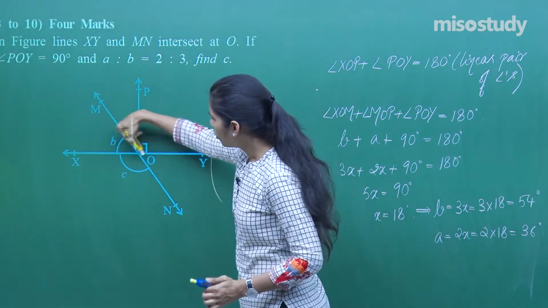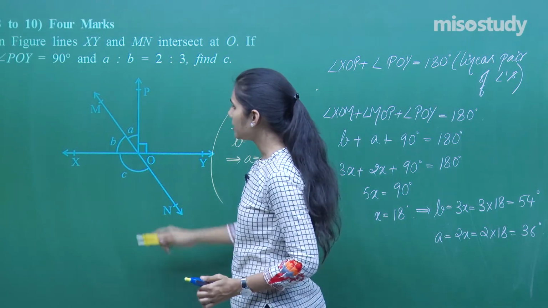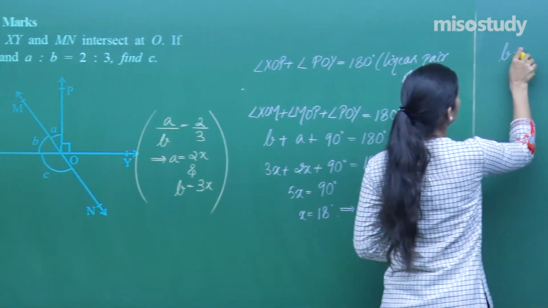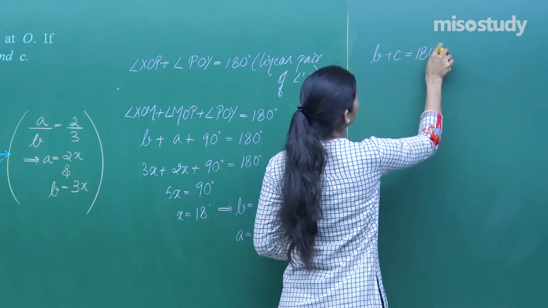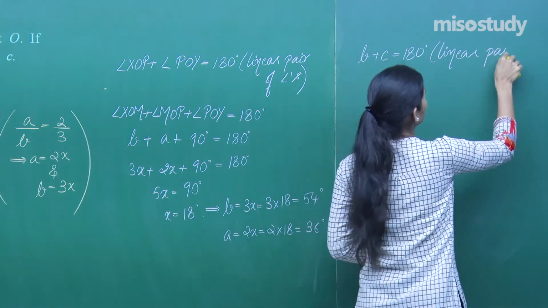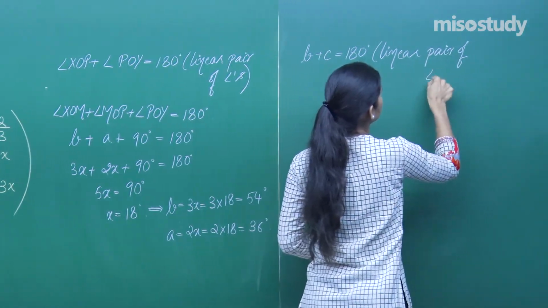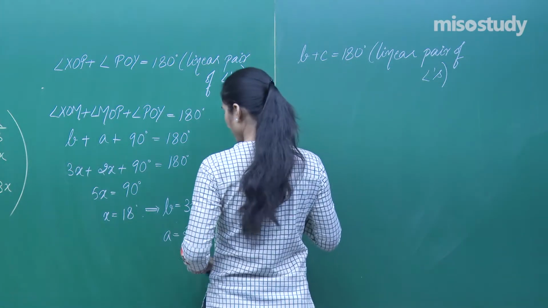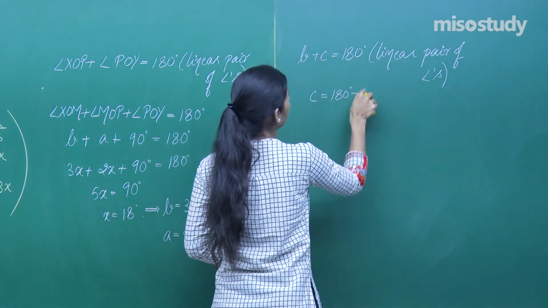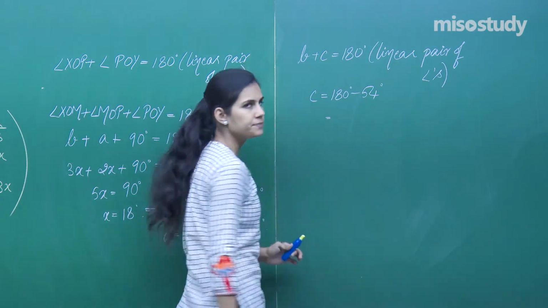So because OX ray is standing on straight line MN, therefore B plus C will be 180. B plus C will be 180 again because they are forming linear pair of angles. So B is equal to 54, so C is 180 minus 54.